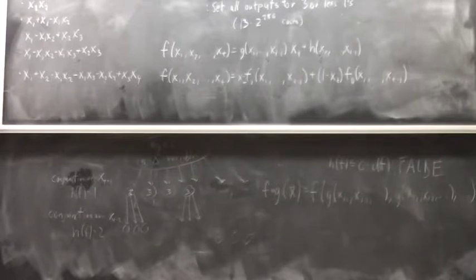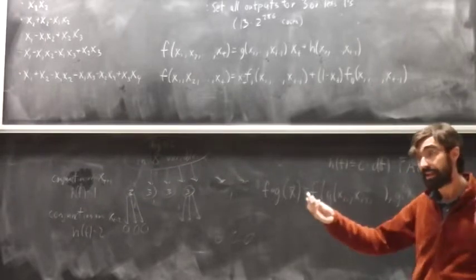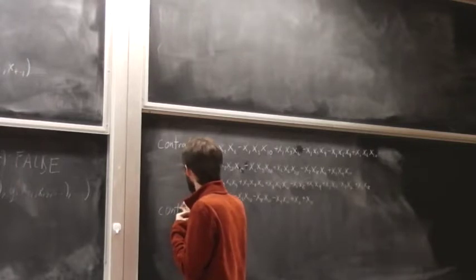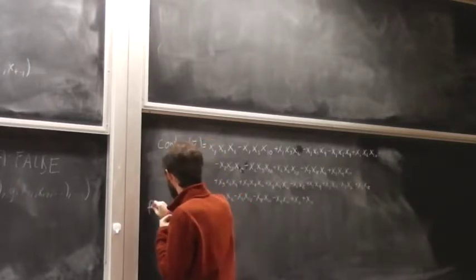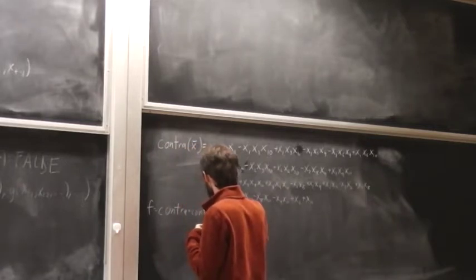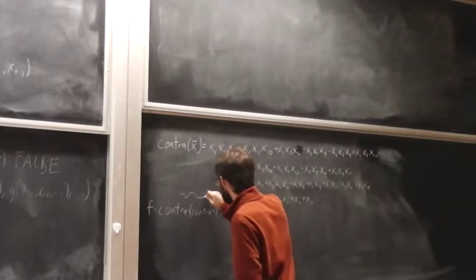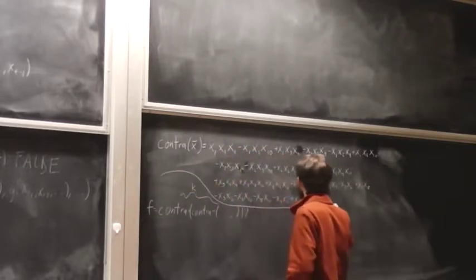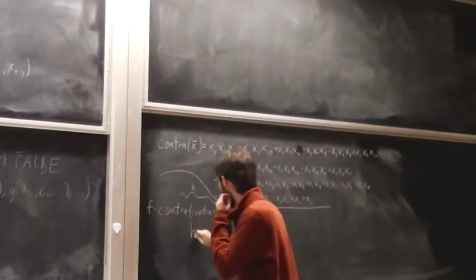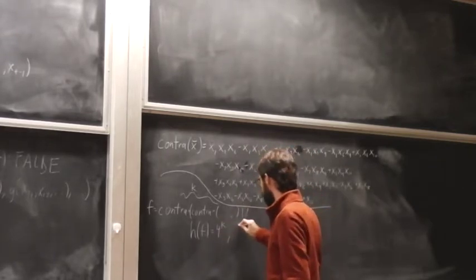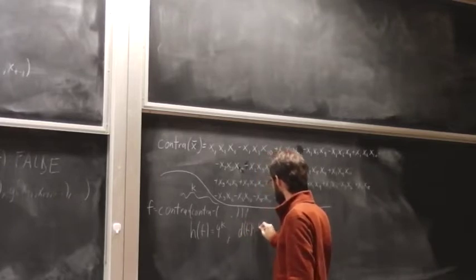What this means is that if we take contra and compose it with itself any number of times k, so f equals contra composed with contra, and so on, k times, then h of f will be equal to 4 to the k, and d of f will be equal to 3 to the k.